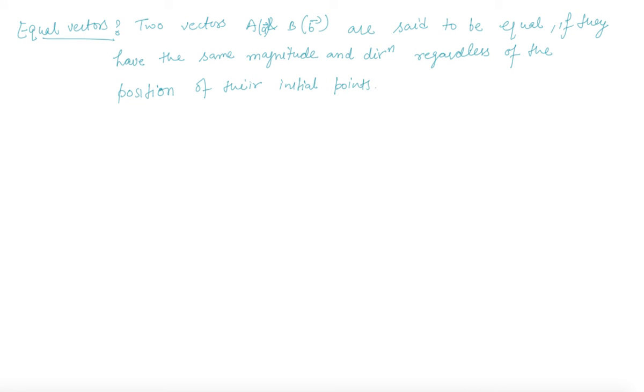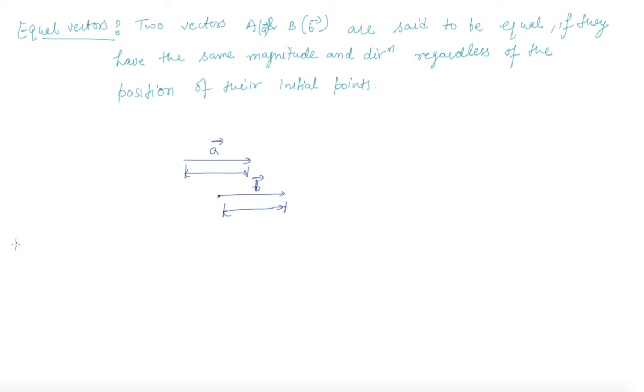Like I'm drawing here, let's say this is your A vector, and it doesn't matter whether they are originating from the same point or not. Their length, meaning their magnitude, should be the same and the direction should also be the same. So they are called equal vectors.